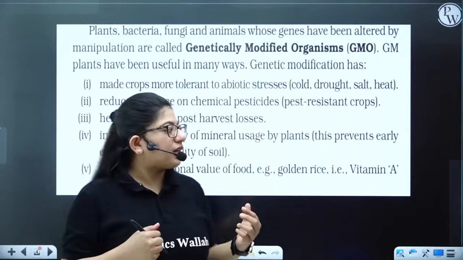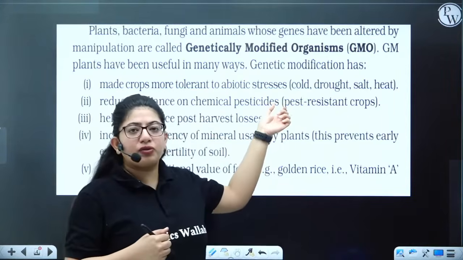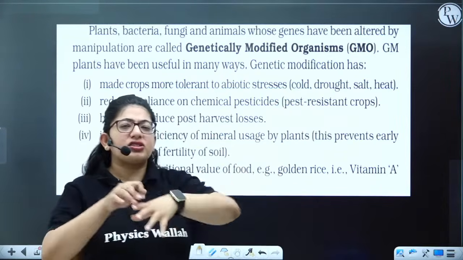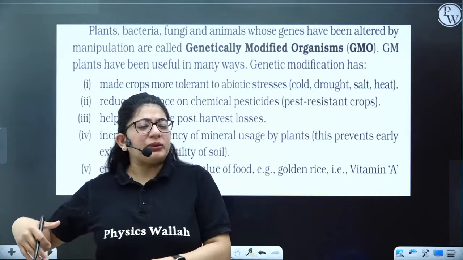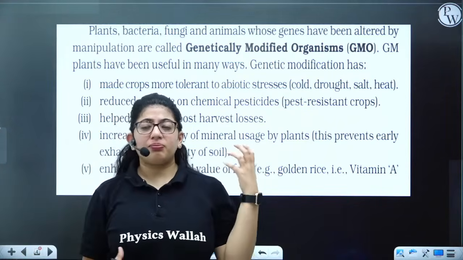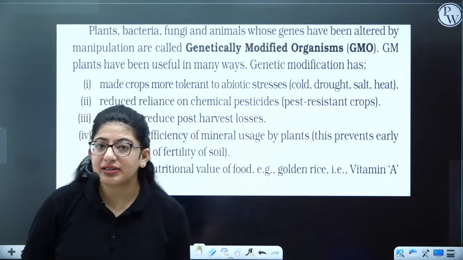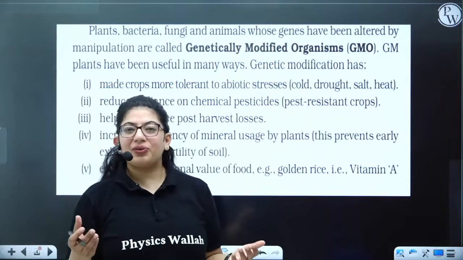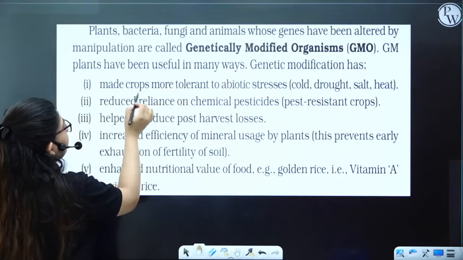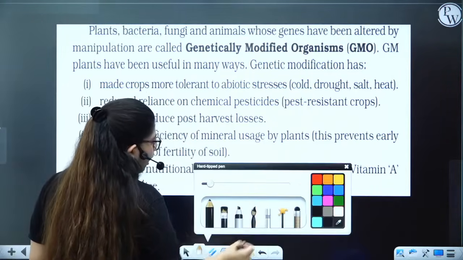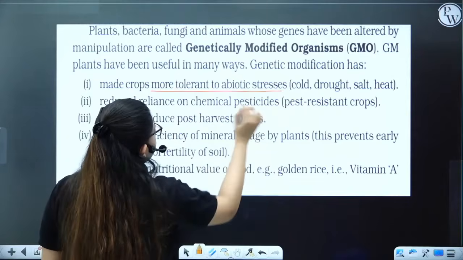Like drought, that means there is no water, a lot of cold, a lot of heat, or the soil is quite salty. The plant can die easily. So what if I made a plant, or added a gene, that makes it resistant to all these things? The plant can easily grow, right? So we have made the plants in such a way that they are more tolerant to abiotic stress.